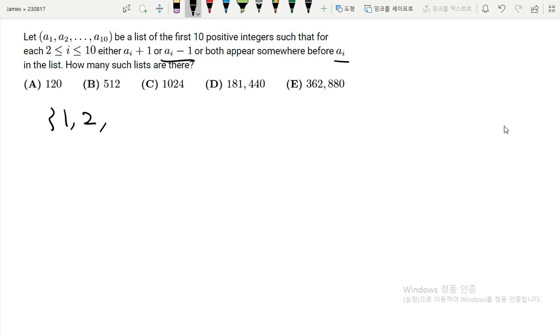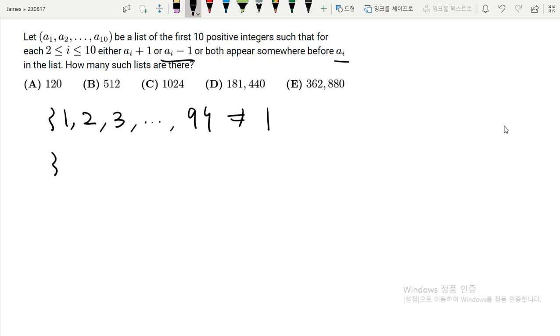And then 3 must appear right after 2 to satisfy this condition. So if we start with 1, automatically the other terms of the sequence are determined. So the number of cases is 1.